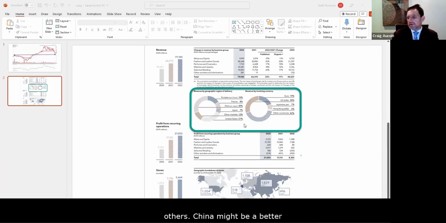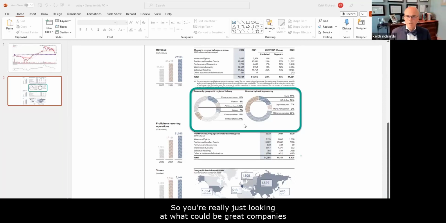China might be a better example, where more of the weighting in those indices is driven by revenue that's generated in China. Still, you don't get complete exposure to that geography. You are getting exposure to others, but the concentration is greater in China.